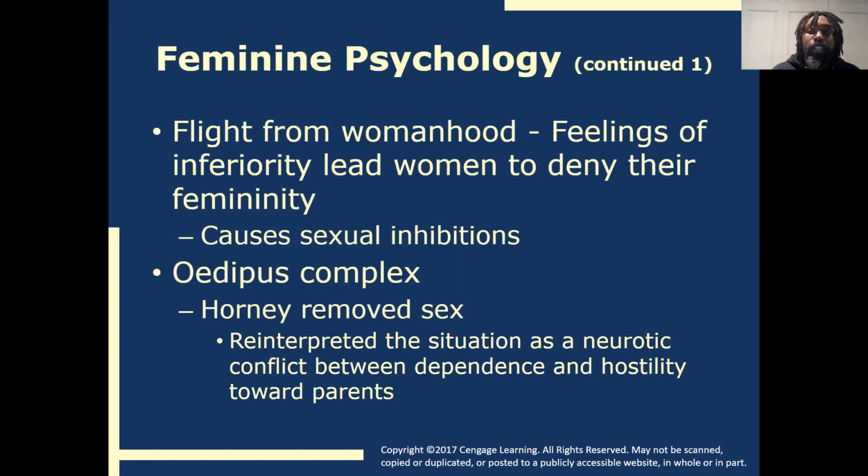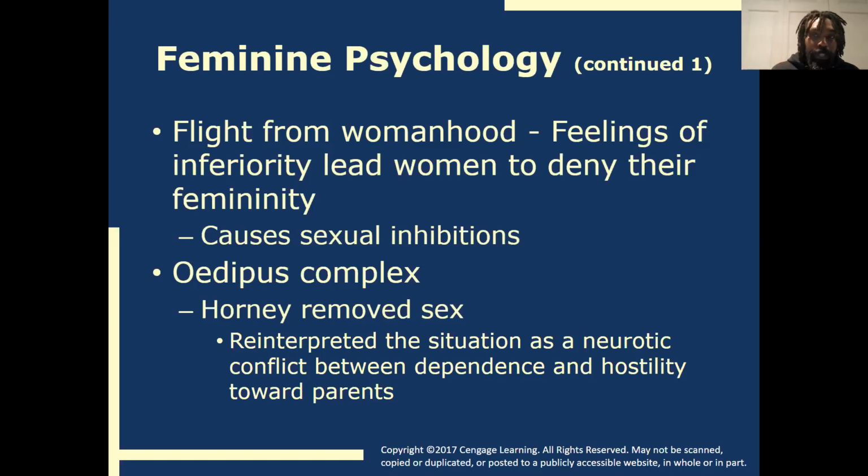So we did cover this in Freud's theory the last time that we were in class. So Horney took the Oedipus complex, but she removed the sexual component of it. So she reinterpreted the situation as a neurotic conflict between dependence and hostility towards parents.